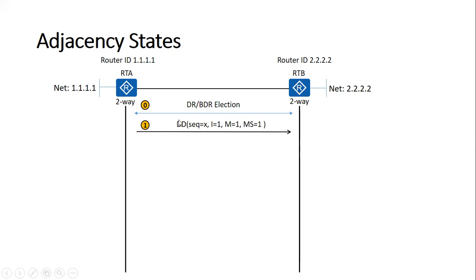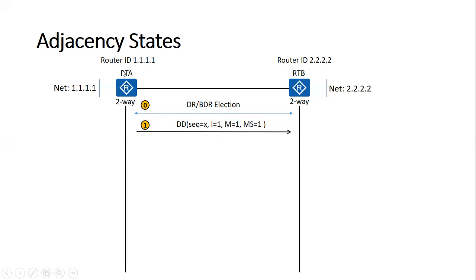A database description does not have an acknowledgement mechanism like we have for link state updates and requests, which have a link state acknowledgement. So they use sequence numbers. The purpose of Exstart is to determine who will have control of these sequence numbers.